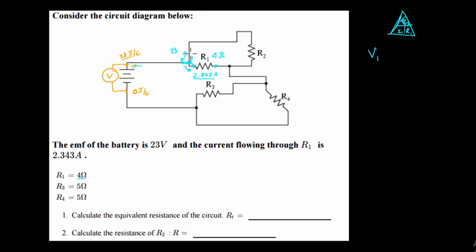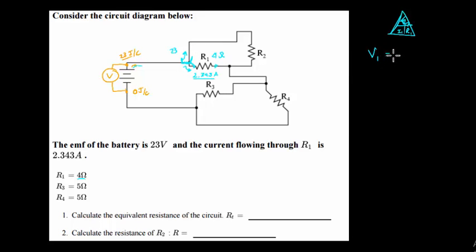They split up. Now, very interesting, in a parallel branch, each branch will use the same amount of energy. So no matter how much R1 uses, R2 will use the same amount of energy. That's great, because that gives me information not just about R1. If I can get the voltage of R1, I know the voltage of R2, because in parallel branches, each branch will use the same amount of energy.